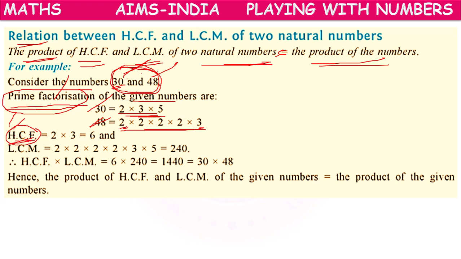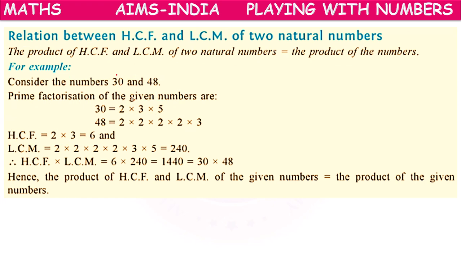So for finding HCF, we have to take the common prime factor which is occurring the least number of times. 2 one time, 2 four times, least means 1 time. 3 one time, 3 one time, least means 1 time. 5 one time, 5 zero times, least means 0 times, we won't take 5. After taking those prime factors the least number of times, we multiply them. 2 times 3 is 6. So the HCF of 30 and 48 is 6.